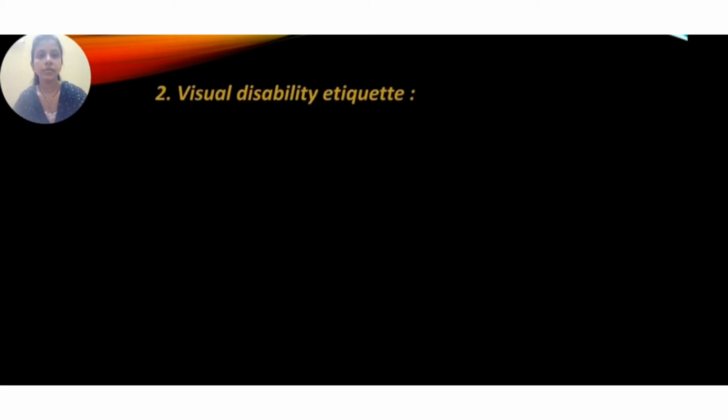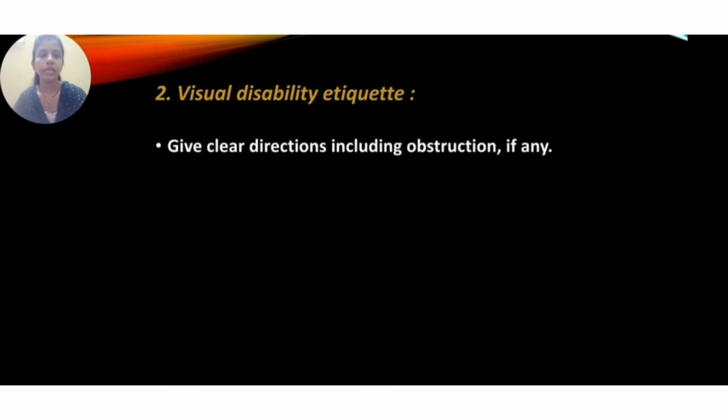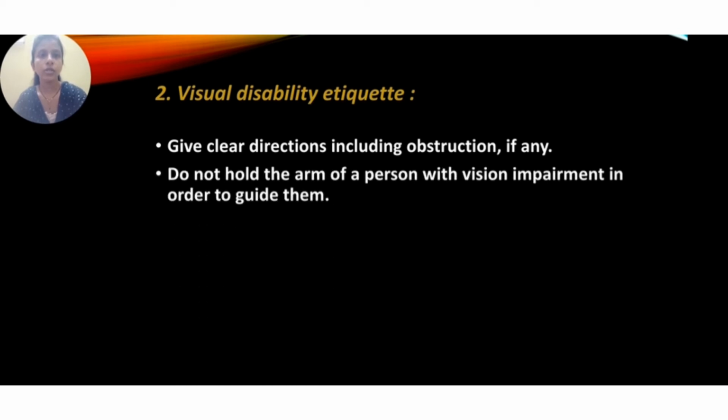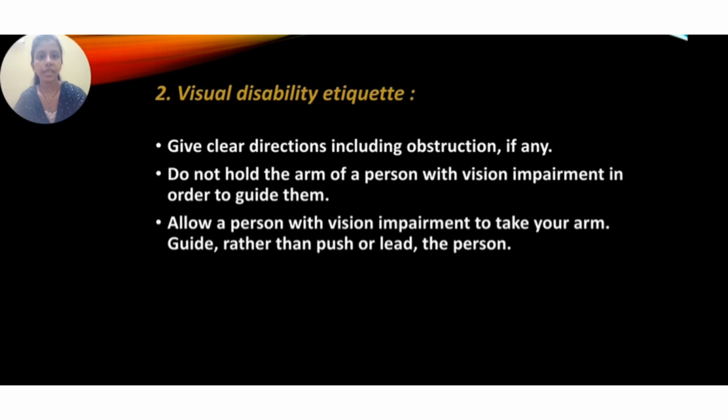Next is visual disability etiquette. Give clear directions including obstructions, if any. Do not hold the arm of a person with vision impairment in order to guide them.